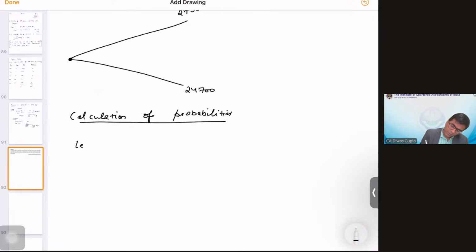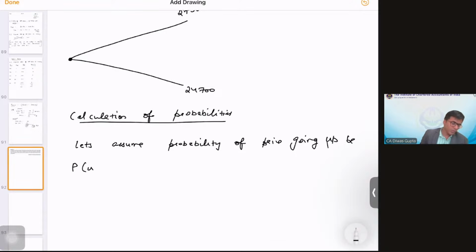Let's assume probability of price going up be PU.